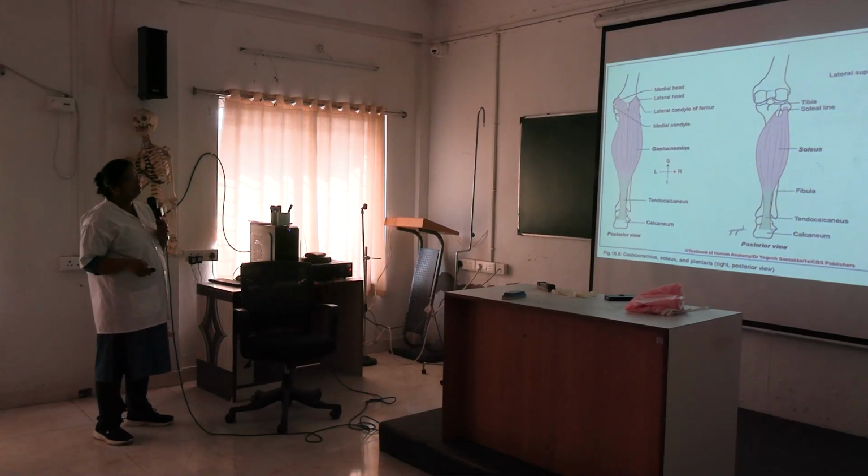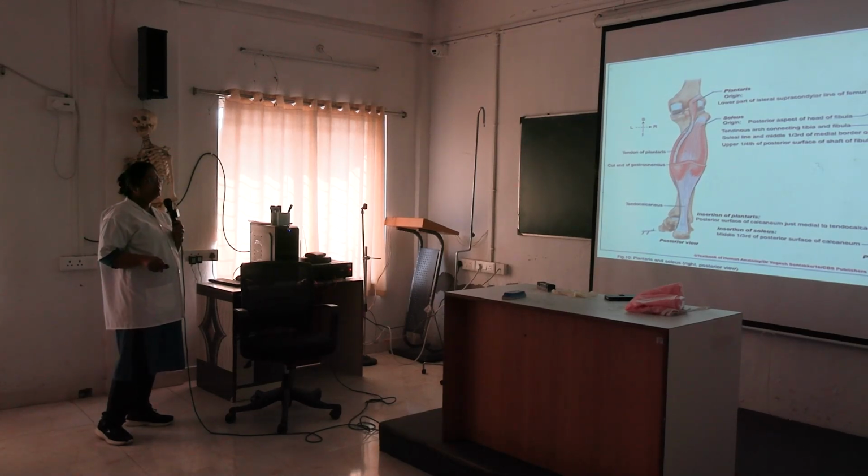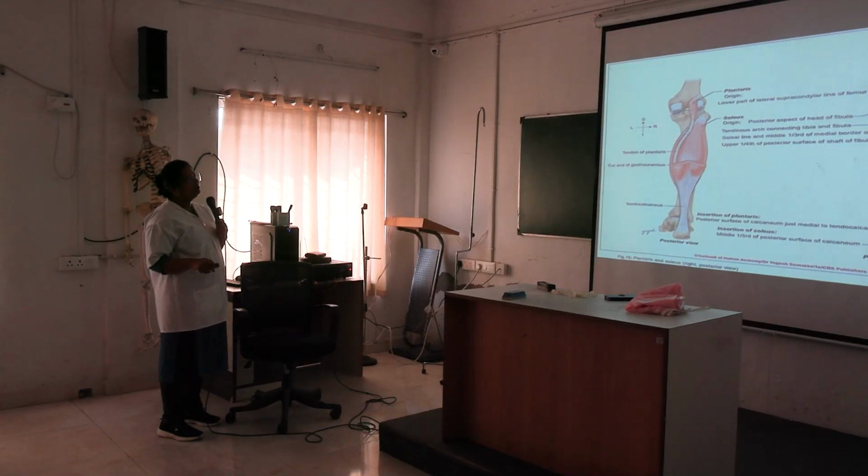Gastrocnemius, soleus, plantaris. Here the gastrocnemius has been cut to show the soleus present deep to it. And here lies the tendon of the plantaris. Here is the insertion of the plantaris. Here is the tendocalcaneus. And these are the origins of plantaris and these are the origins of the soleus.